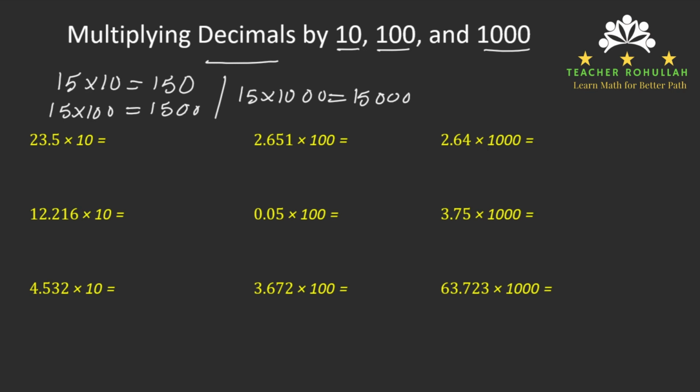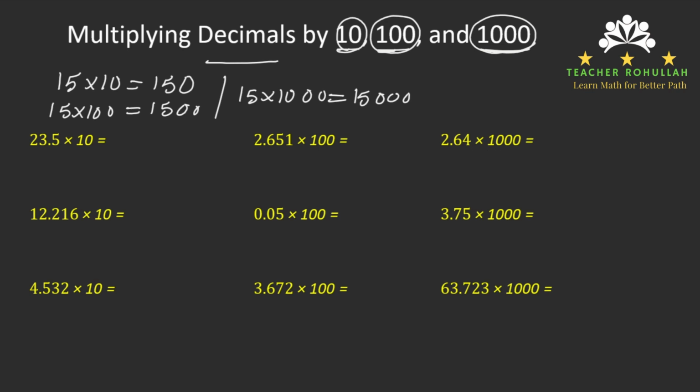When we multiply the decimal by 10, we move the decimal point one place to the right. When we multiply by 100, we move the decimal point two places to the right. And when we multiply by 1000, we move the decimal point three places to the right.